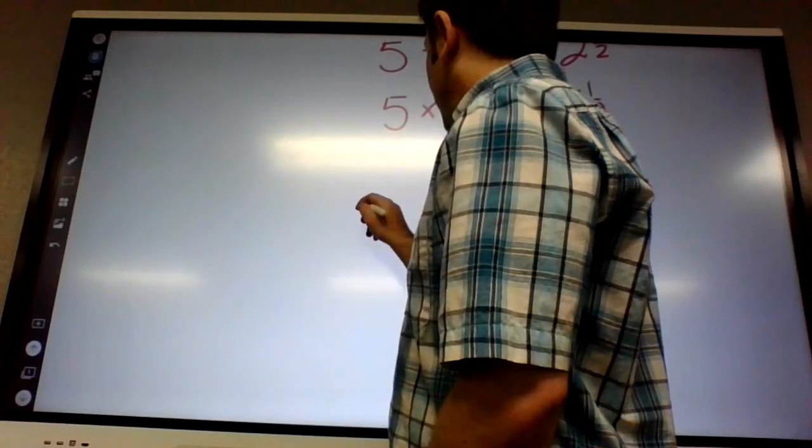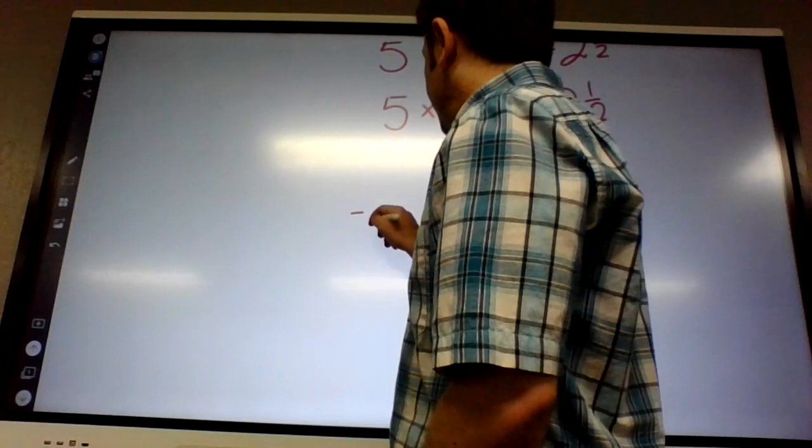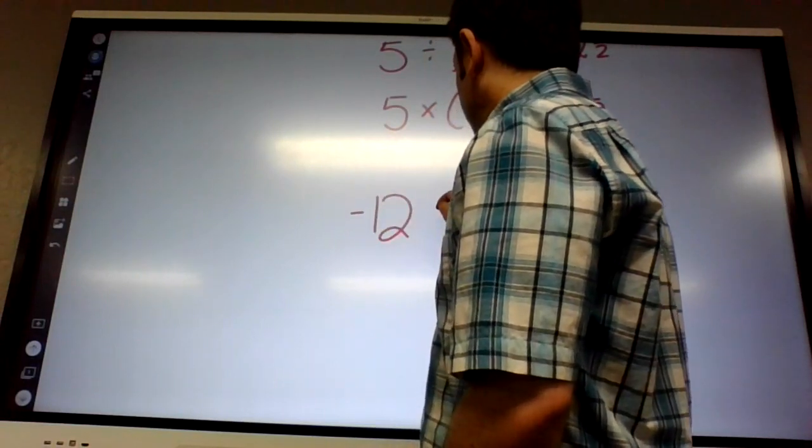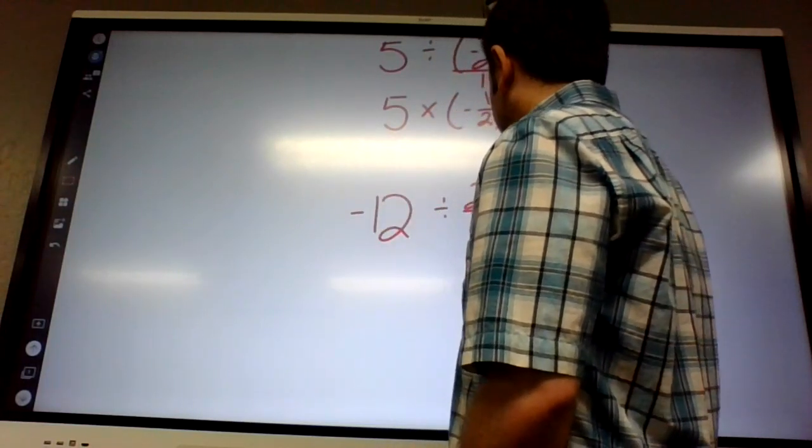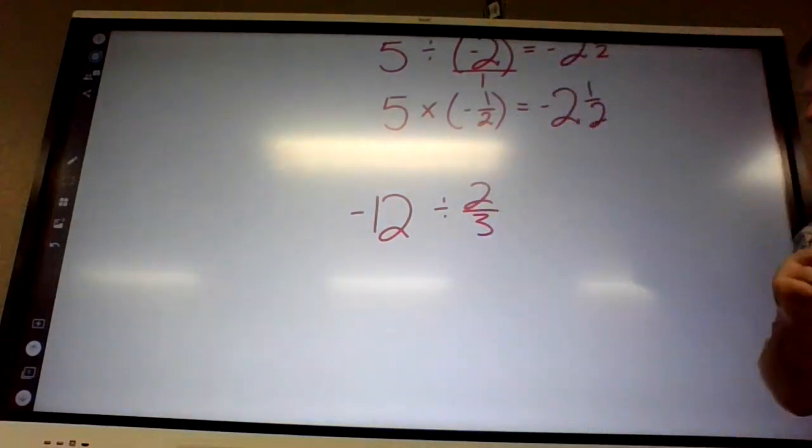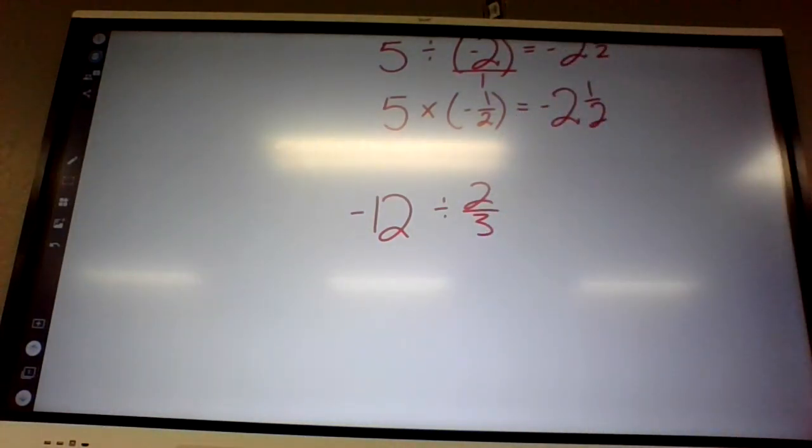But there are a few fractions today, so let's do an example with that. Let's say I had negative 12 divided by 2/3. Here's a hard question. Is this answer going to be bigger or smaller than negative 12?